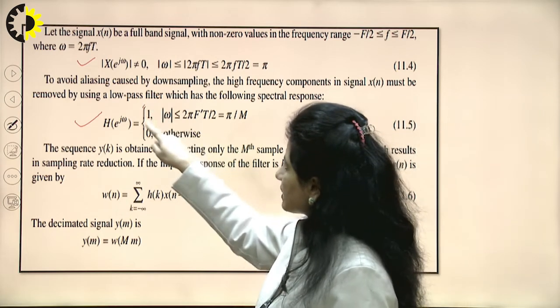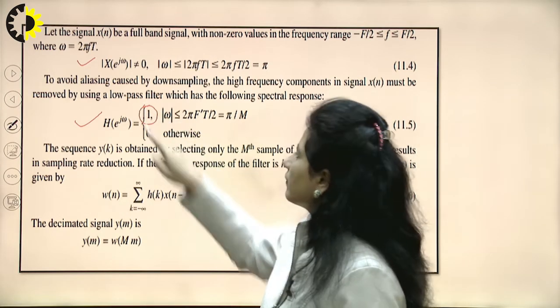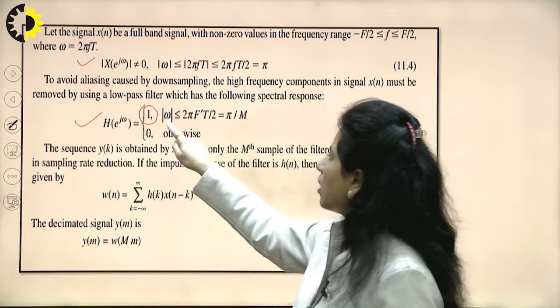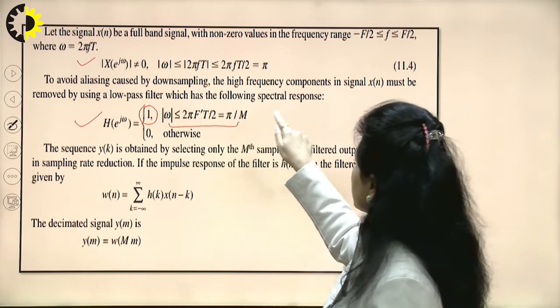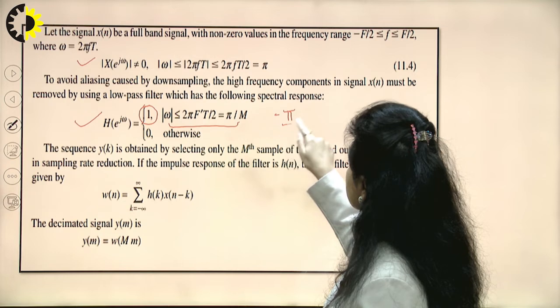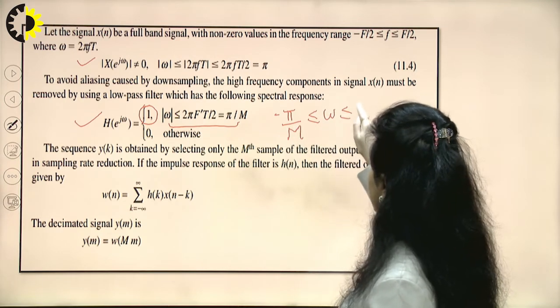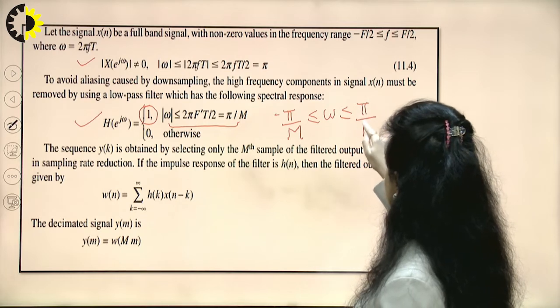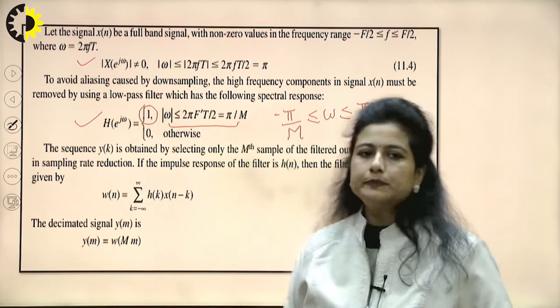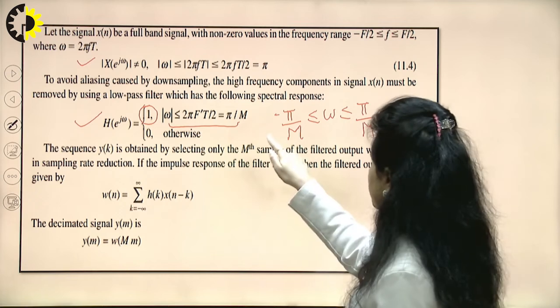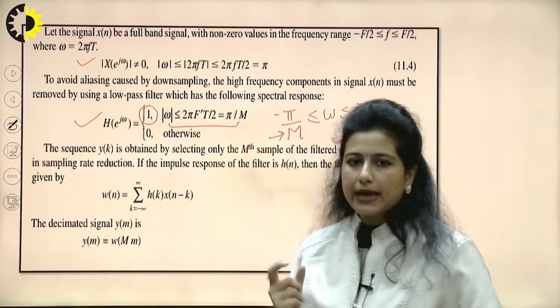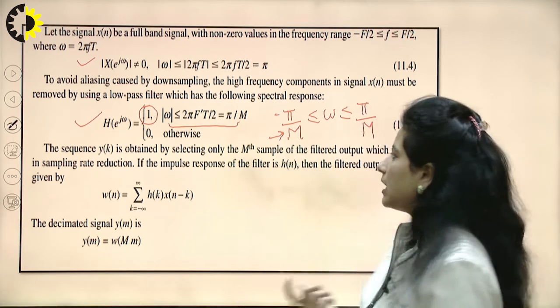The gain of this filter should be 1 for which range of frequencies? Omega should lie between minus pi by M to pi by M. Then only my decimation process would be free from aliasing. This M represents the same integer M by which I am reducing the frequency.